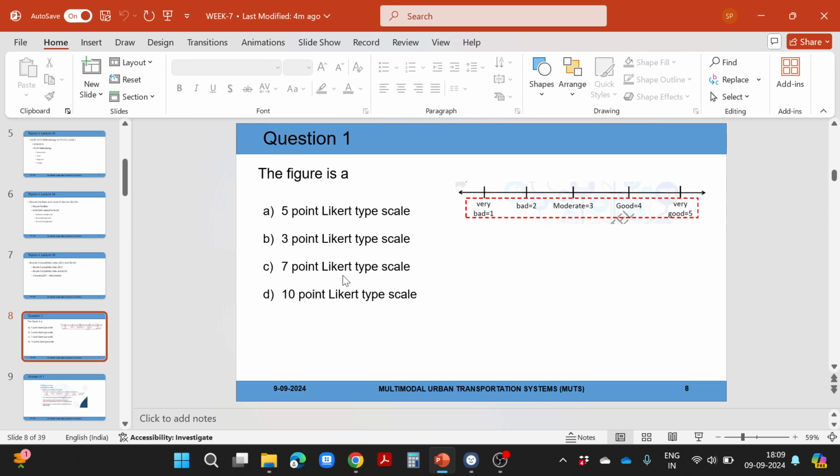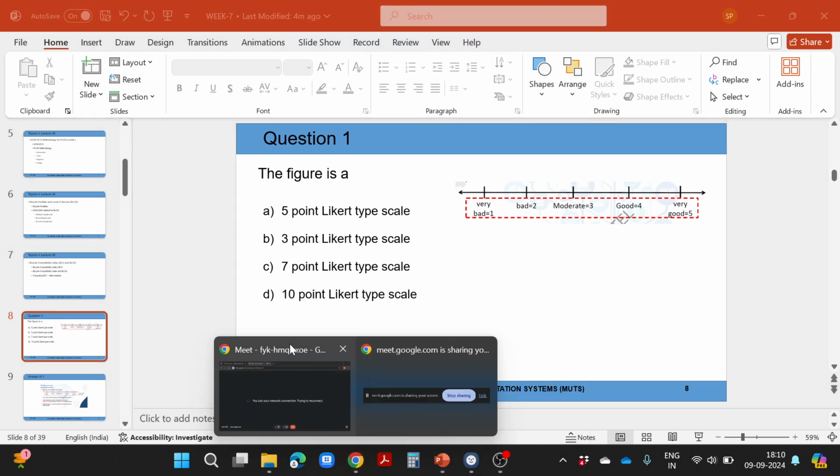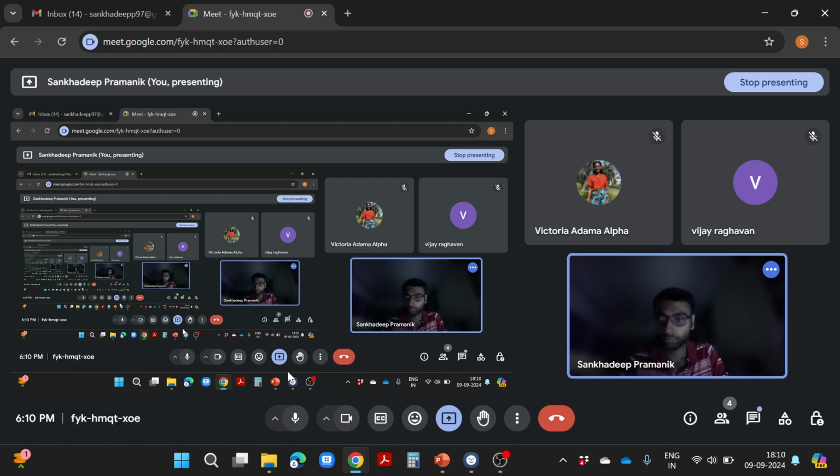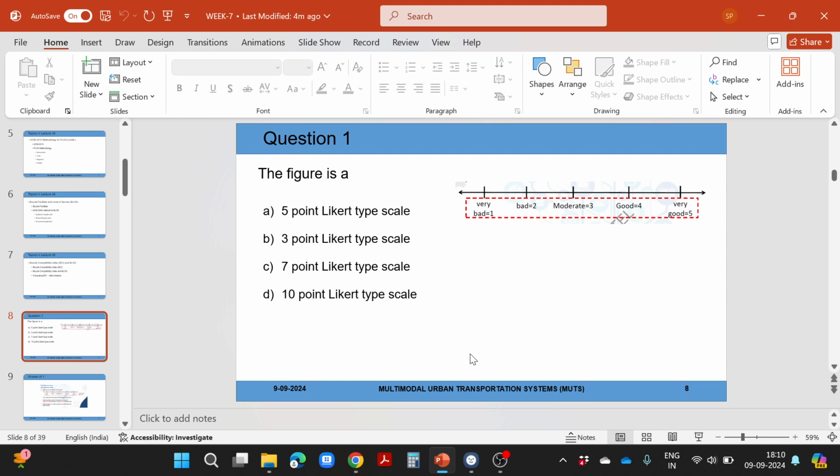The first question: the figure depicted here is a 3-point Likert scale, 5-point, 7-point, or 10-point?